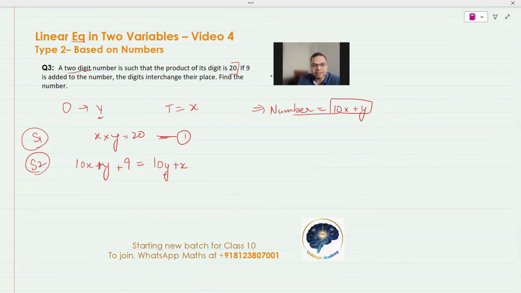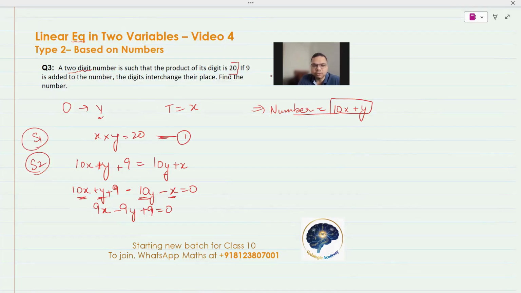So 10x, if I bring this x to the left hand side, becomes minus. So let me write it down. 10x plus y plus 9 minus 10y minus x equals 0. 10x minus x becomes 9x, plus y minus 10y becomes minus 9y, plus 9 equals 0, right?